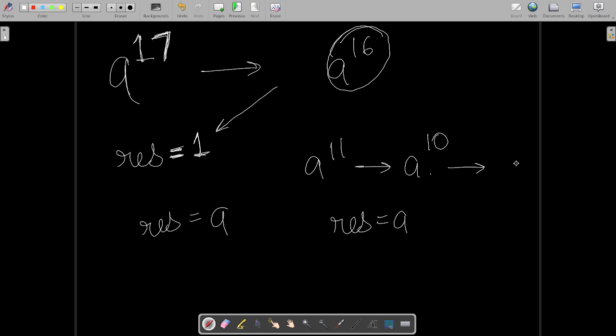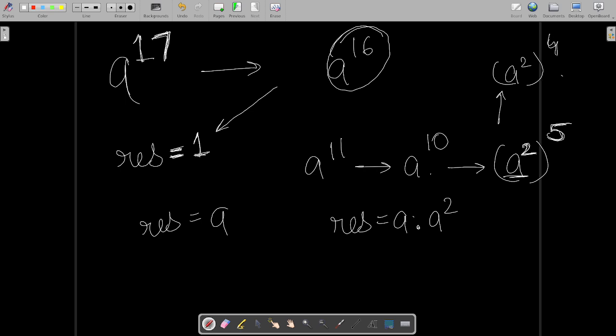You write it as a square raised to the power 5, and again, you see that 5 is an odd number, so you pick this and you multiply it here, so a dot a square, you write it like this, and you remove one power from here, so it becomes a square to the power 4.